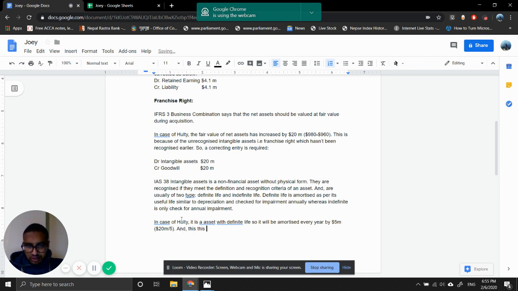And since this is a subsidiary, the excess amortization charge is borne by both the parent and subsidiary based upon its holding percentage.